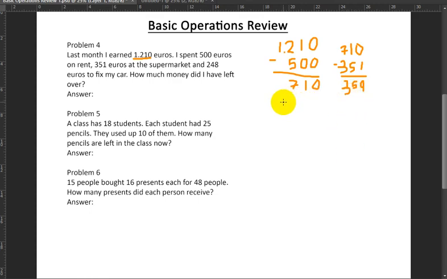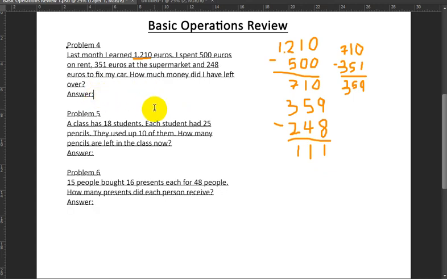And then I would have to do 359 minus 248. Which would give me 111. So my answer should be 111 euros.